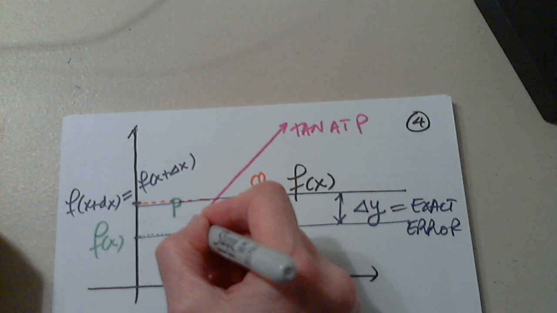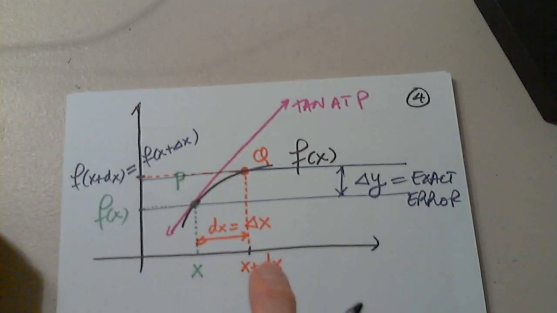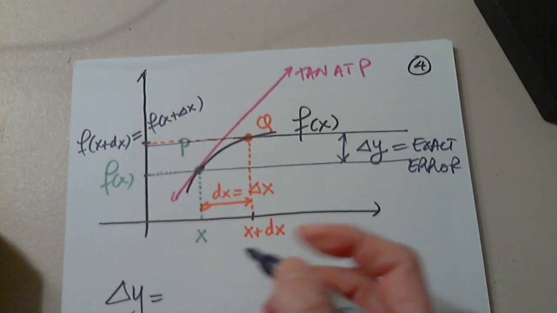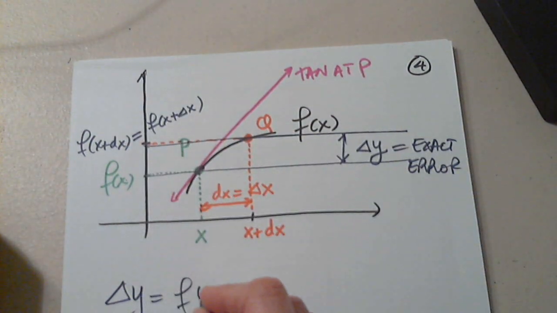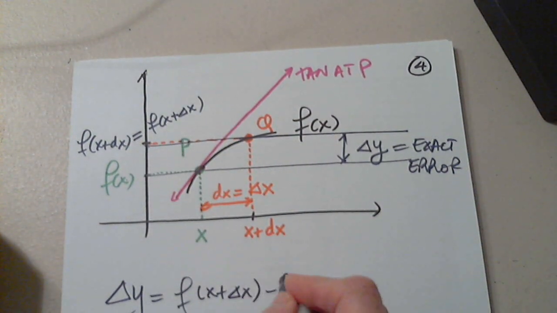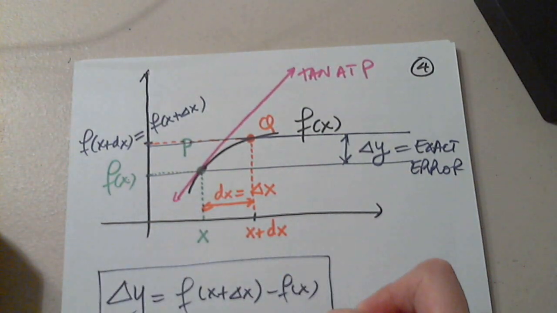Because remember, Q is right here. So dx or delta x, same thing, they are tiny, small. So then delta y, which is the exact error, is this minus this. f of x plus delta x minus f of x. This is the formula for the exact difference. What will be here?